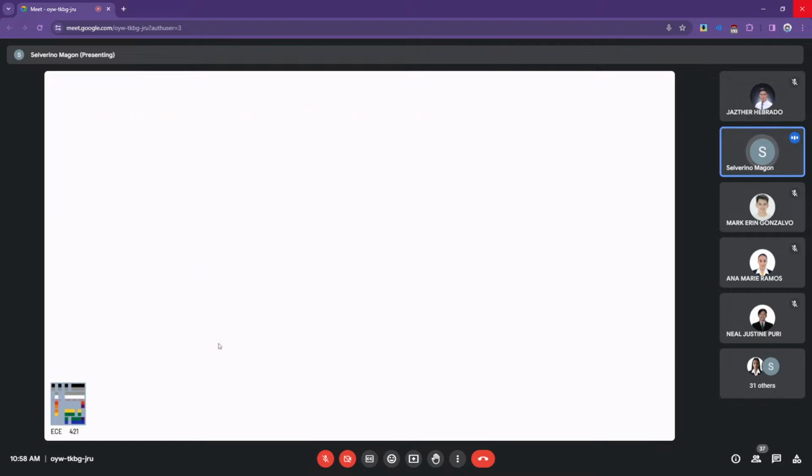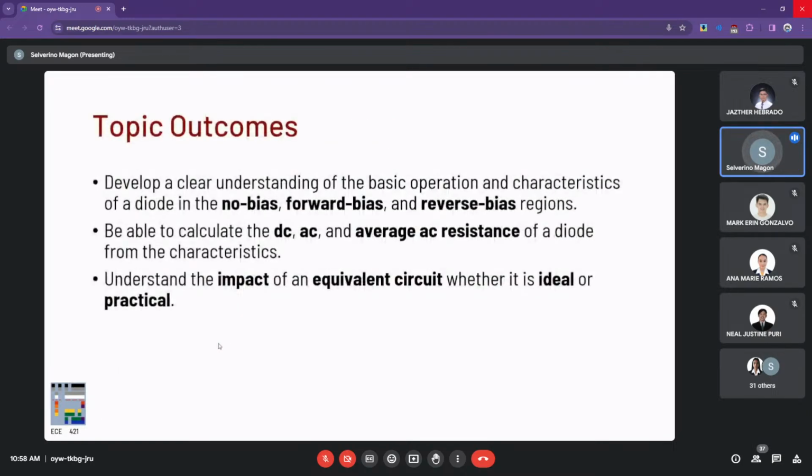To continue with this discussion, we have to be aware of the modes of operation of the semiconductor diodes. We have to understand the following modes. The first is the condition where we do not have any sort of bias. The term bias, I think, is somewhat of a buzzword in the current social media trends.